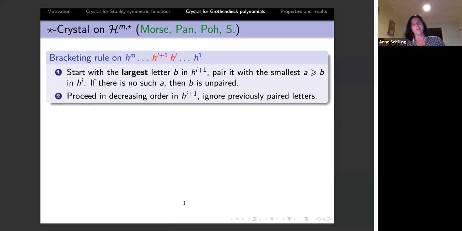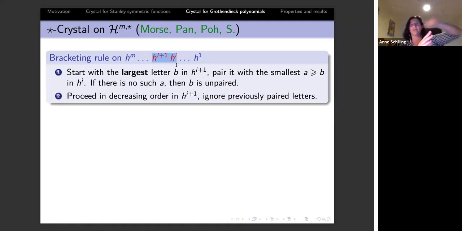Okay, so now remember what we did last time. If you want to operate with the crystal operator f_i, in the reduced case, what we did is we looked at the factors i and i+1. And remember, I'm labeling from right to left. So you look at the ith and i+1st factor. And last time what we did is we went through the left factor, the bigger factor, from the bigger to smaller letters.